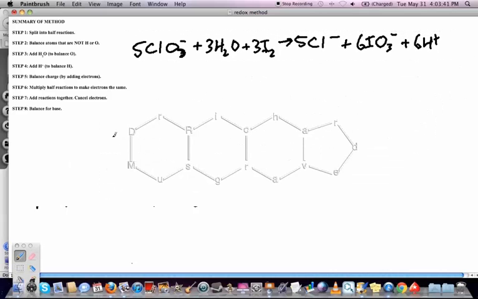Alright, so there's our acidic conditions up there. Now we're going to figure out what we need to do for the basic ones. I'll go ahead and copy this and paste it down here.